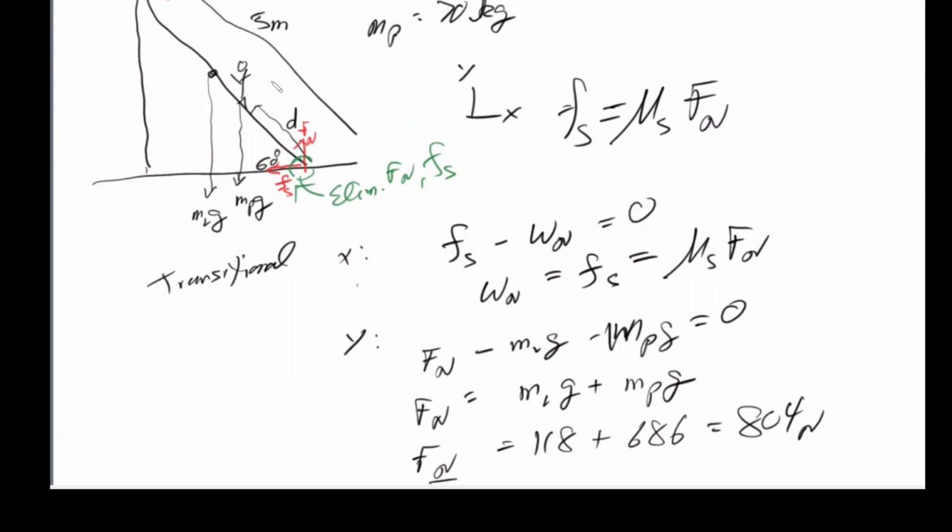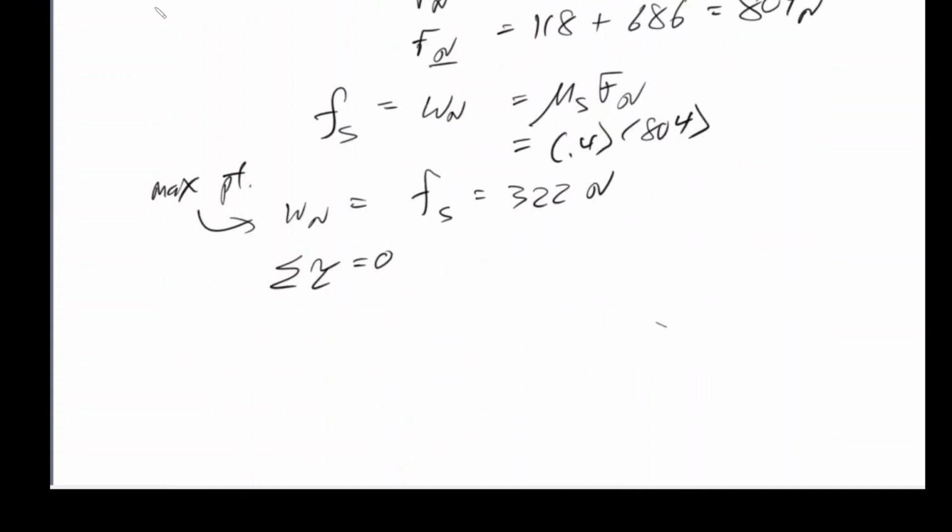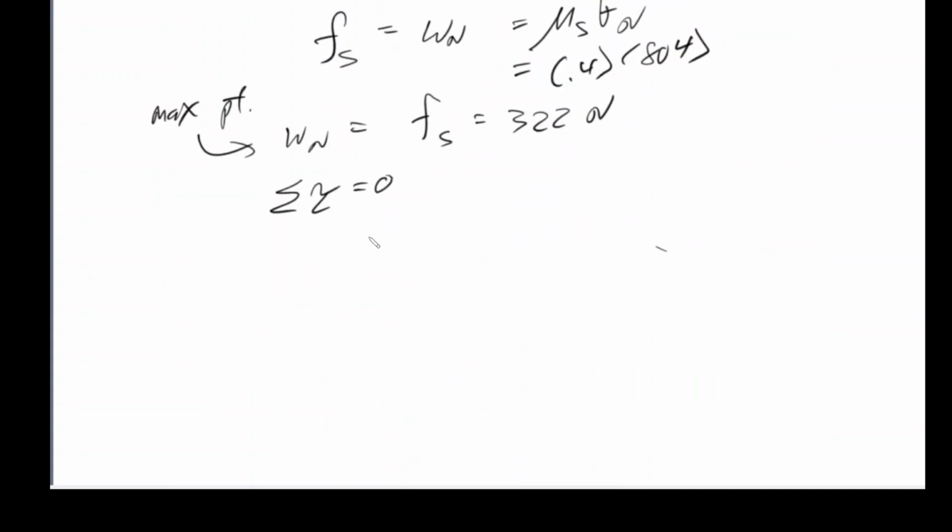We have the torque of the person trying to rotate the ladder down, and we have the torque of the ladder trying to rotate the ladder down, and the torque of the wall, which is going to be in the opposite direction. So in this case, we have the torque of the ladder plus the torque of the person minus the torque of the wall has to equal 0.